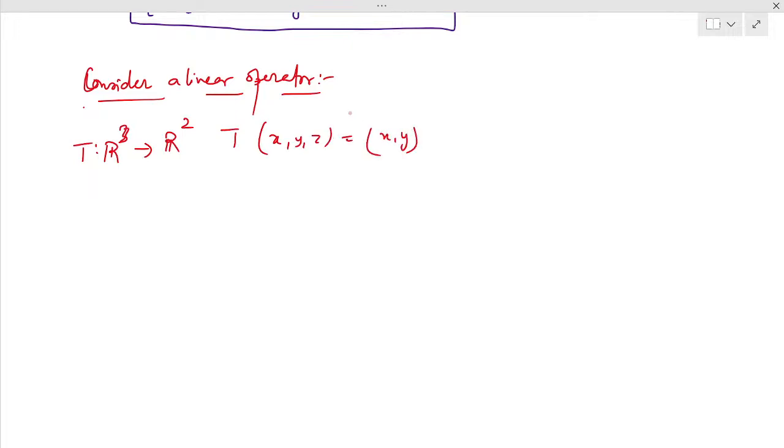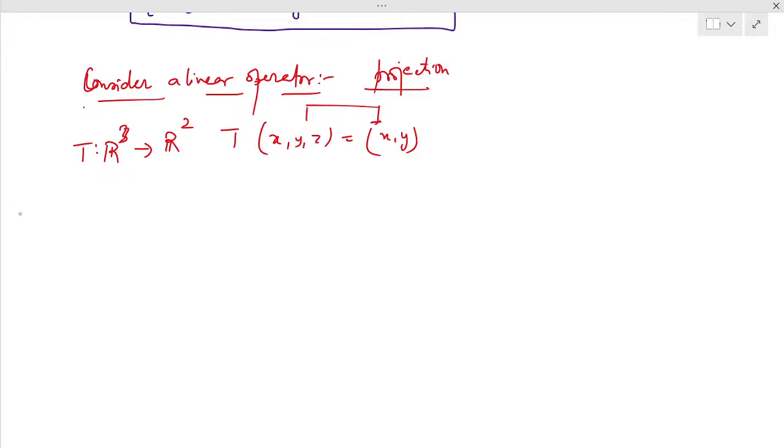So it is again a projection. If you remember, I told you this is a projection of three-dimensional space to a plane basically. So let us define a projection T defined from R cube to R square such that T of (x, y, z) is equal to (x, y).